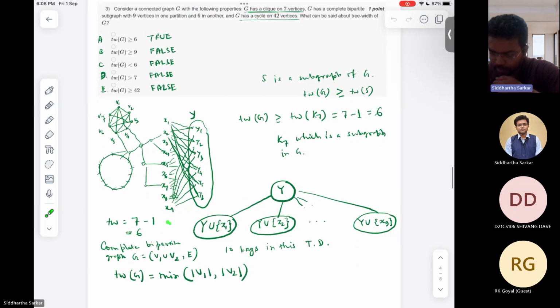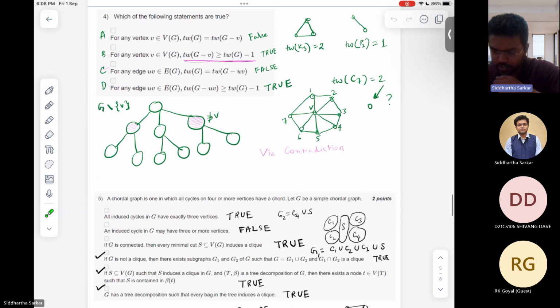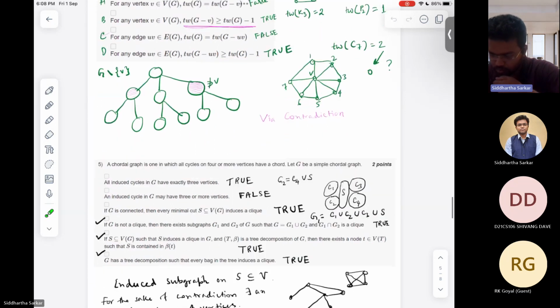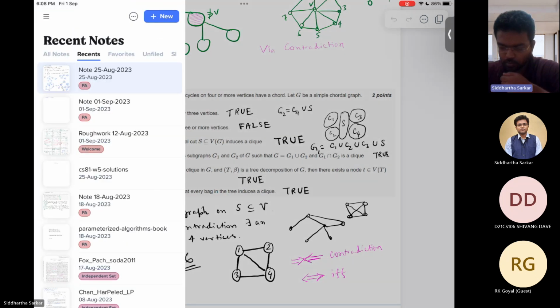For a complete bipartite graph, we saw that the tree width is the minimum of the sizes of the two partitions. And there were a couple of statements for which we decided whether they were true or false. In this session, we will need these definitions plus some other definitions. So we will go back to a new whiteboard.